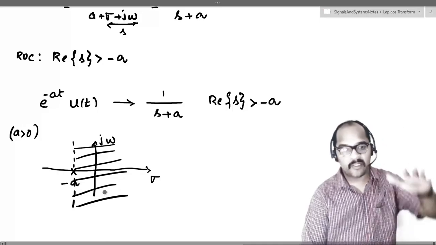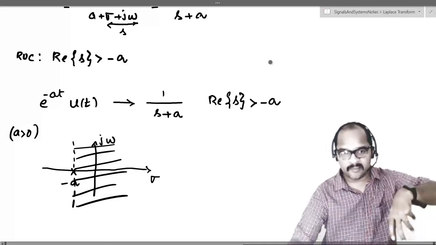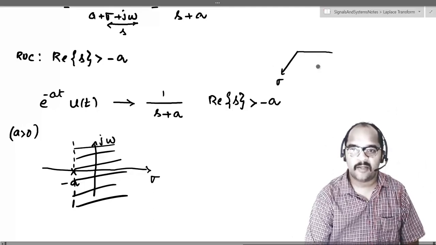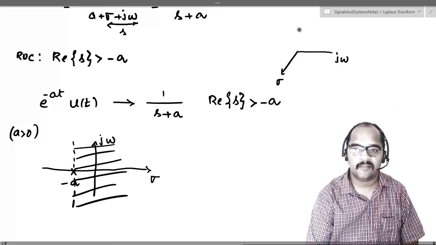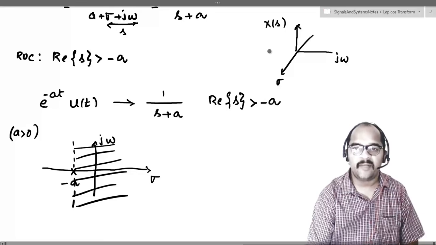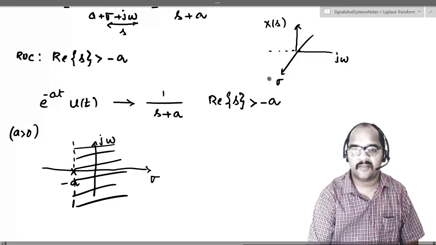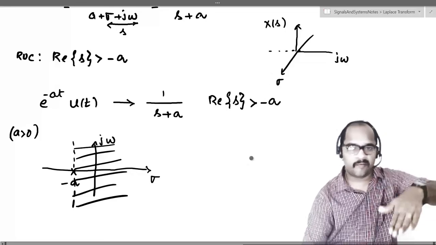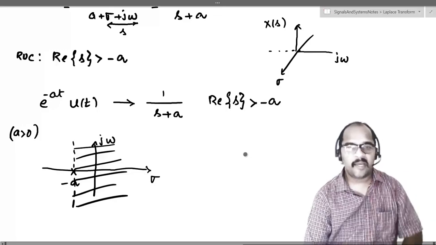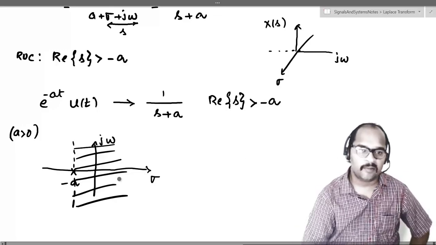Note that this is a top view. X of s is three dimensional, so it looks like this. This is sigma and j omega, and our X of s will look something like this. Indirectly it means our X of s will sit on the sigma j omega plane. If you look from top, it looks something like this.